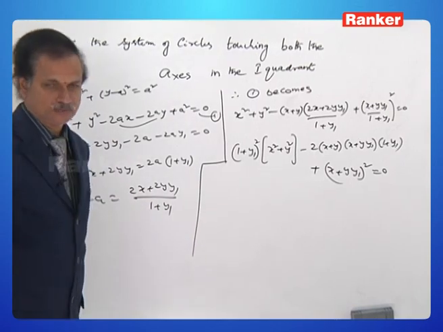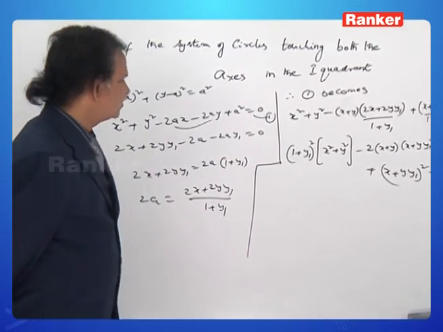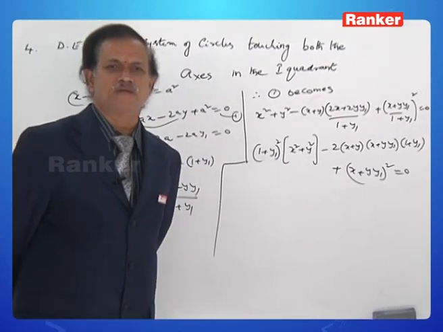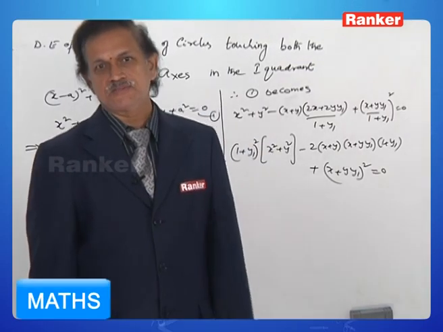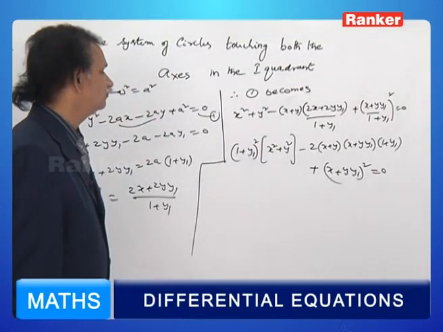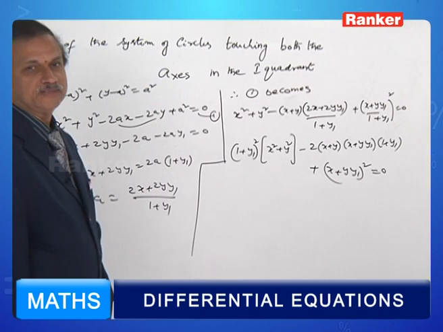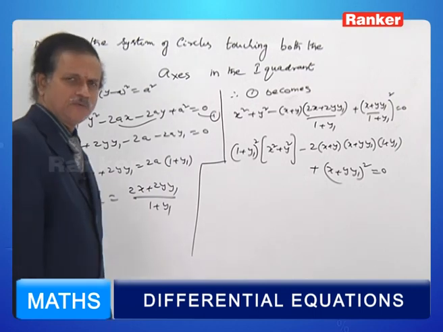That is the equation, and it can be simplified according to the need of the question. Depending on the nature of the options given, you can simplify that. It's not impossible. You can do it on the spot.